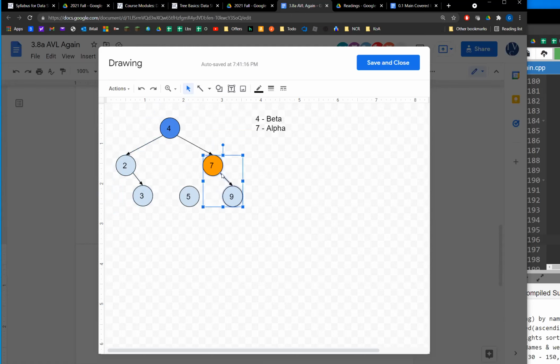Right subtree value is greater than 4. And we have the 5 node that wants to get reattached. Right, so 4 and 7 were its ancestors. They will continue to be its ancestors. And the tree is as triangular as we can get it. And it's good to go.